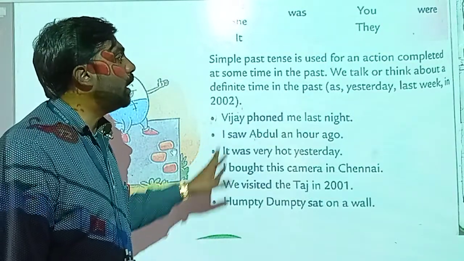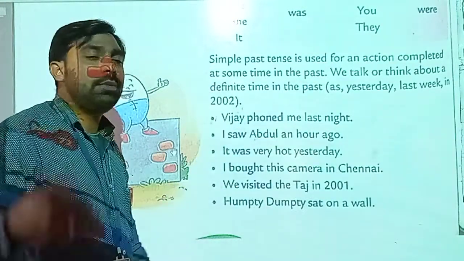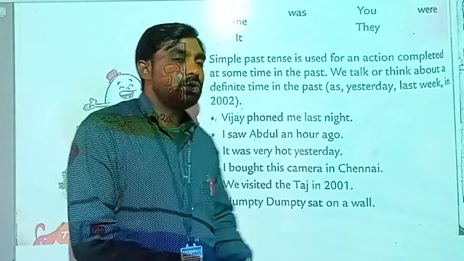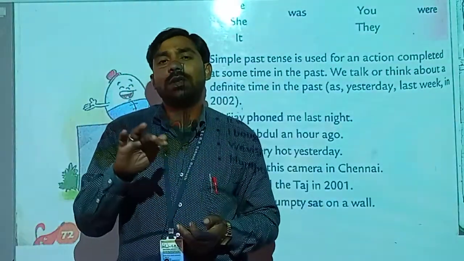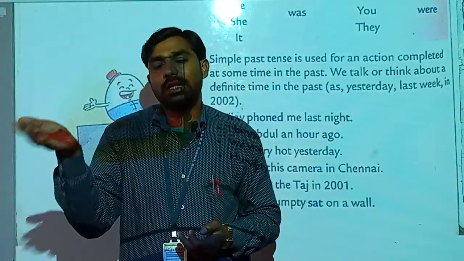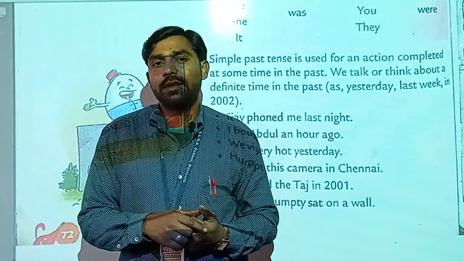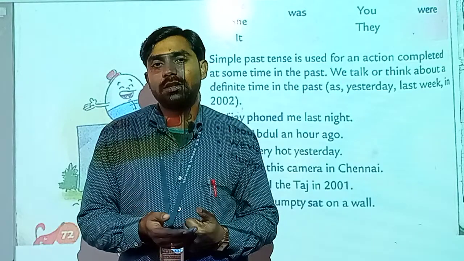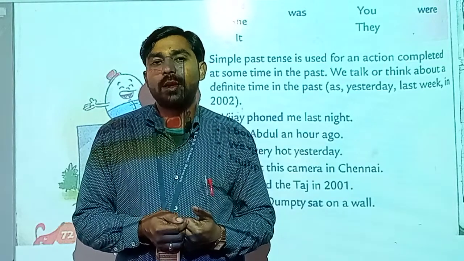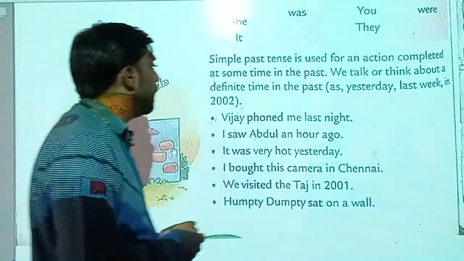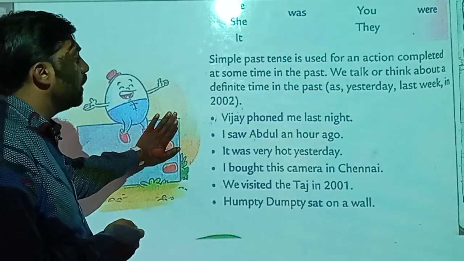To talk about an action completed at some time in the past. We can mention time such as yesterday, last month, last night, or any year. Now examples are given here.